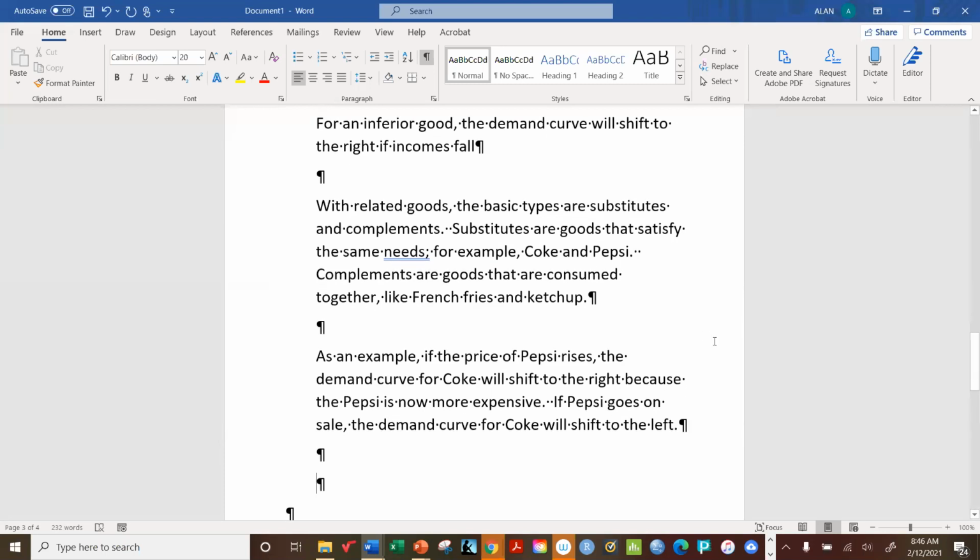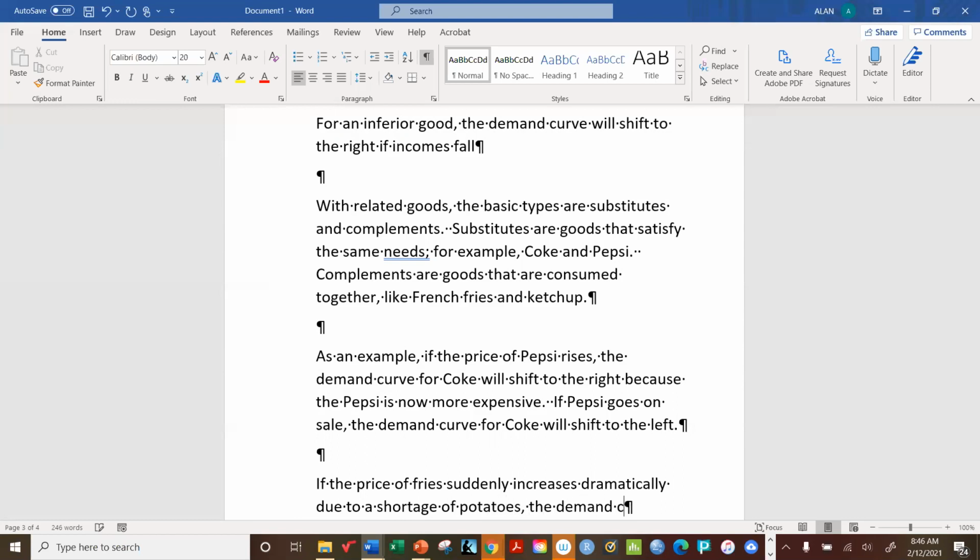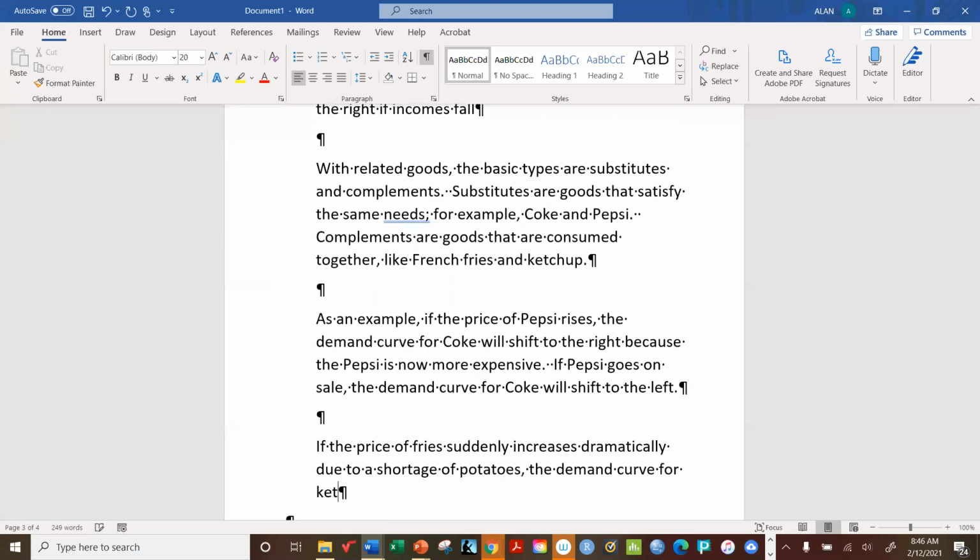As far as the complements go, let's put it this way: if the price of fries suddenly increases dramatically, let's say, due to a shortage of potatoes for some reason, the demand curve for ketchup will shift to the left.